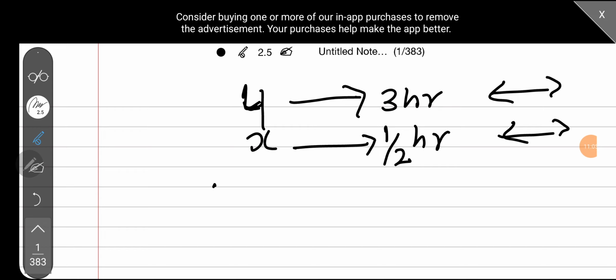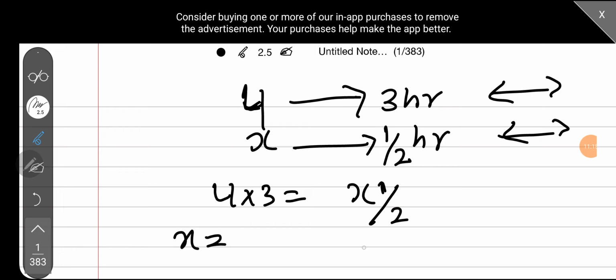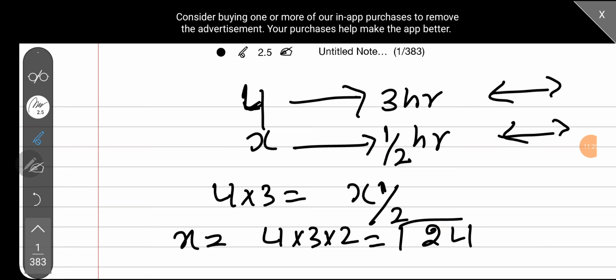So 4 is multiplied with 3, x is multiplied with this one. Now what will happen? In this case, as division, 24 people are needed. People are required.